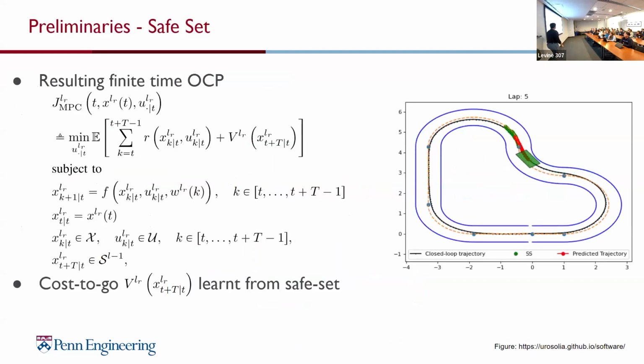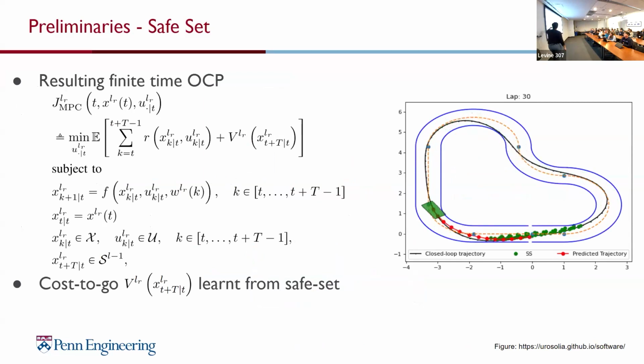And using now this definition of a safe set, we can reformulate our infinite horizon optimal control problem into a finite horizon one, where now instead of just having the summation over the running cost for infinity, we have an additional term for the value function of the cost to go.